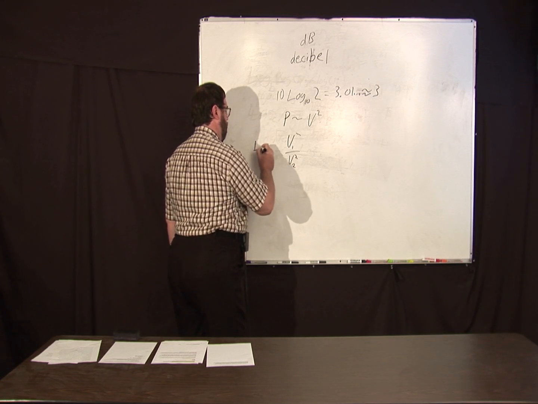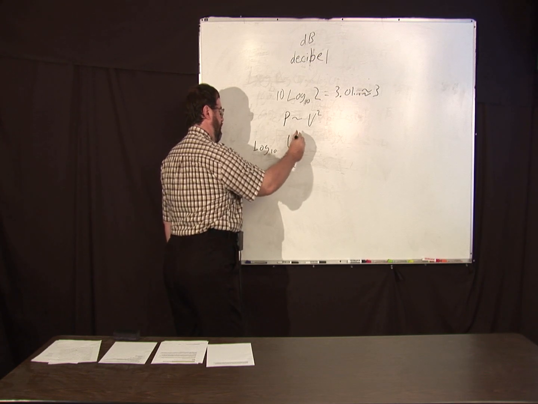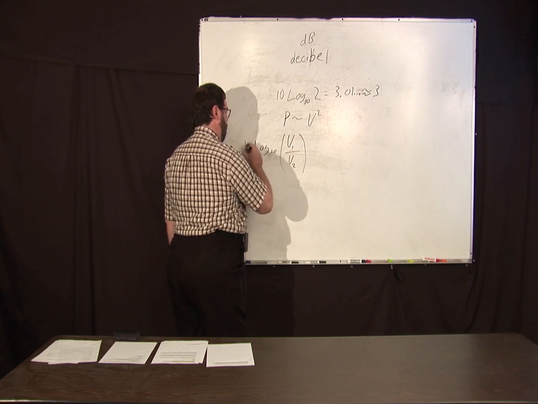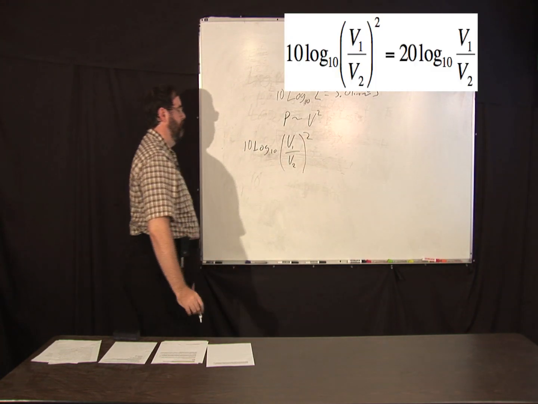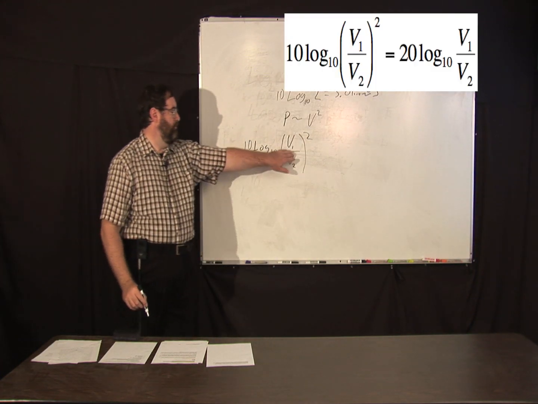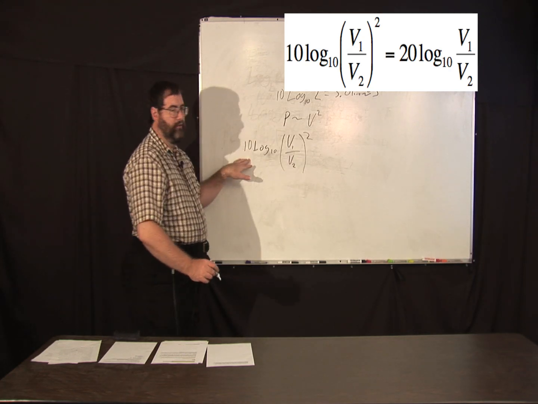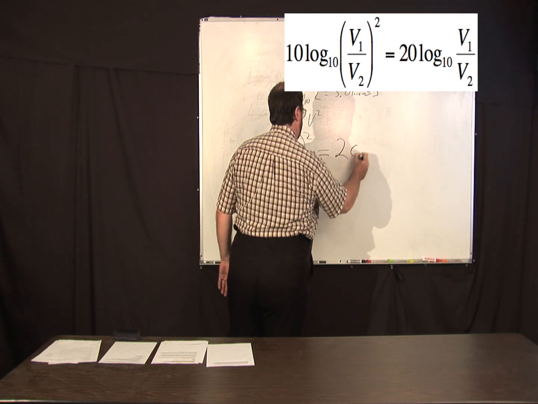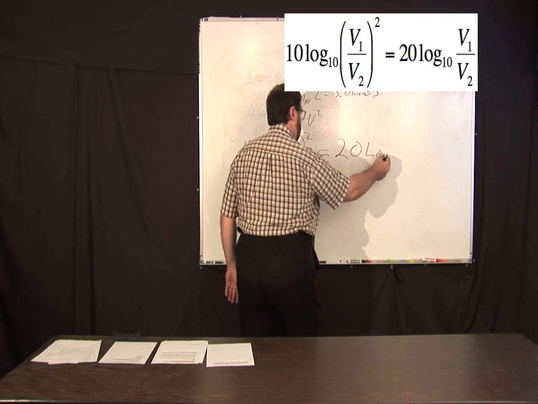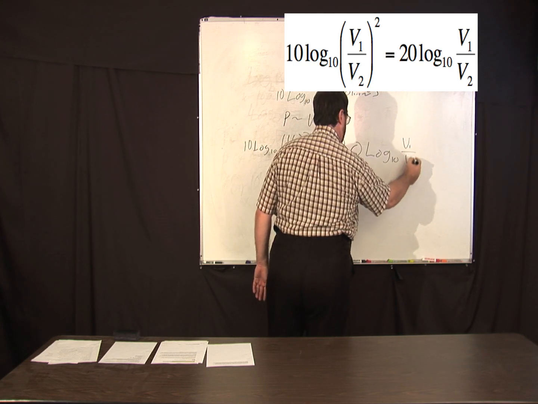So log base 10 of this is the same as this whole quantity squared, so 10 times this quantity squared. So this comes down here as a factor of 2. That's one of the properties of a logarithm. And you've got 20 log base 10 of V1 over V2.